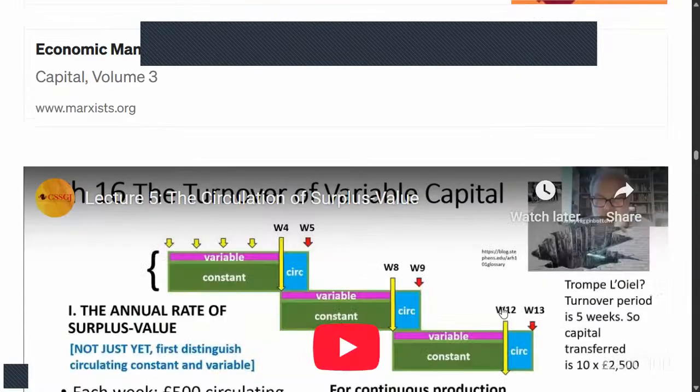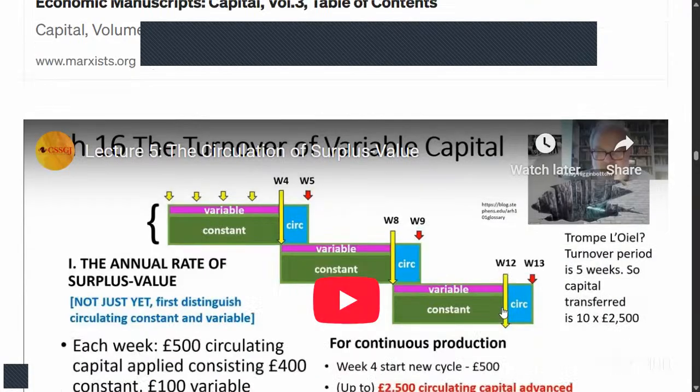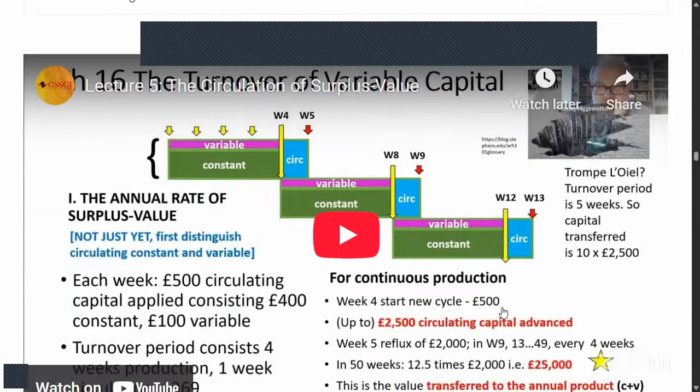I've included a little bit from Andy Higginbottom's lectures on the circulation of surplus value, and you can see, at least in diagrammatic form on this image, the difference between variable and constant, and that there is a kind of circulating capital, a process of circulation moving along here, with numbers. So you can sort of do the math in that sense.